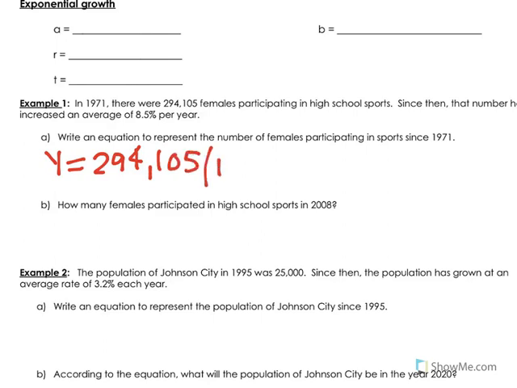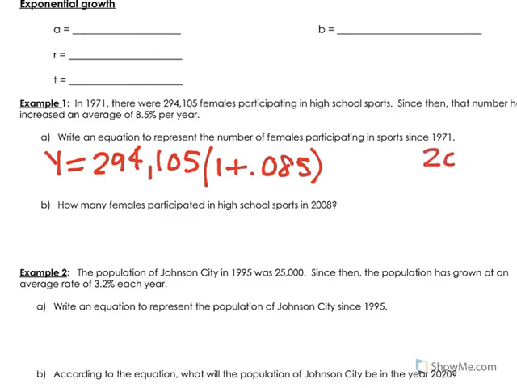Now we need 1 plus our rate. So our rate says 8.5% per year. Remember, when you have a percentage, you have to convert it to a decimal. So we're going to put 0.085. And then in the formula you have time in the exponent, so you have to figure out how many years it's been.